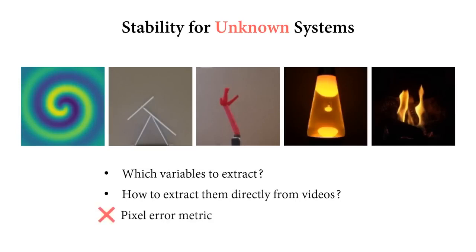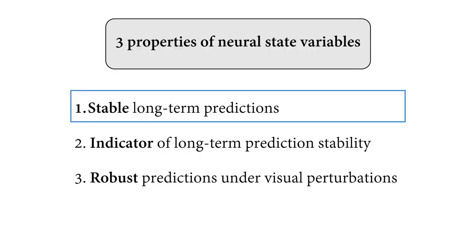As noted above, pixel errors are also not reliable. In this case, a very challenging but critical problem is how we can evaluate the long-term prediction stability from videos. Resolving this problem can potentially open up the door to quantitatively evaluate the prediction stability of various schemes for many complex and unknown systems, all directly from videos.